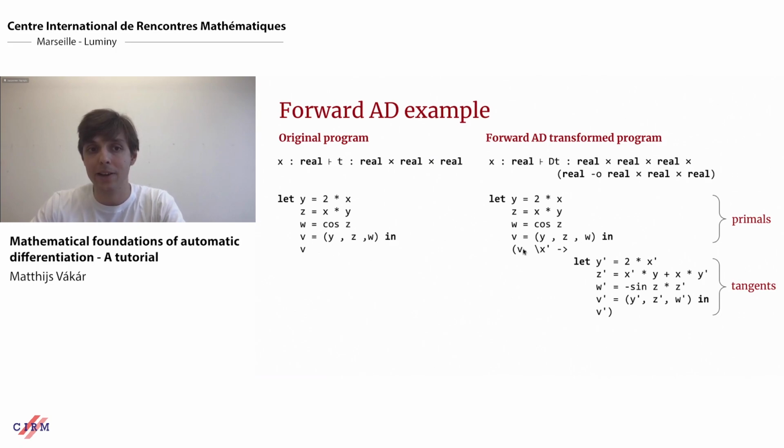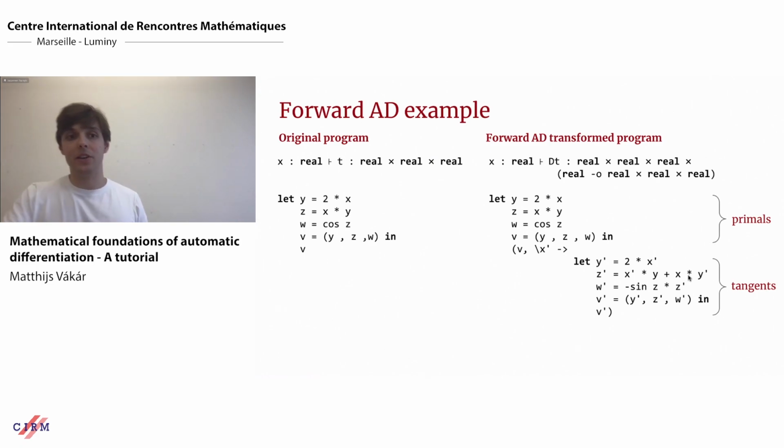And then it returns a pair of the return value of the original program together with a function, a linear function in this case, that takes an x', so this is a tangent vector to the input, and then it goes through the program again in the same order, but now it replaces each primitive operation with its derivative, and it composes them using the chain rule, right? So we see that z is computed from x and y using a product. Here we see that z' is computed from x', y, x, and y' using the product rule for differentiation, right? And cosine gets sent to minus the sine.